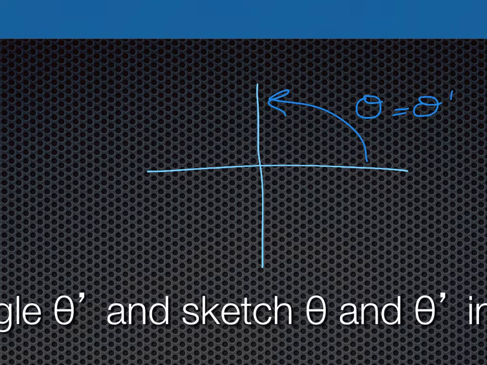So in the second quadrant, 180 would be the same thing as pi. So I would do pi minus the angle. In the third quadrant, we were subtracting the angle minus 180 degrees. So this time we're going to do theta minus pi. And in the fourth quadrant, we were doing the angle subtracted from 360 degrees. So in this one, we'll do 2 pi minus theta.